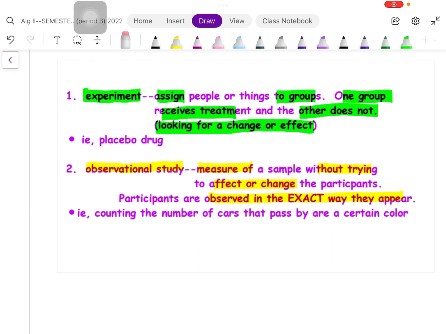You're simply counting. So observational means you are counting or tallying, where experimental means you would place people into groups.